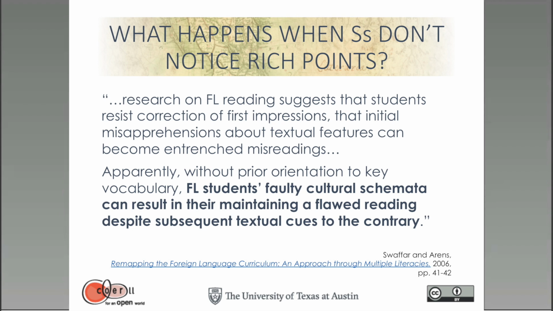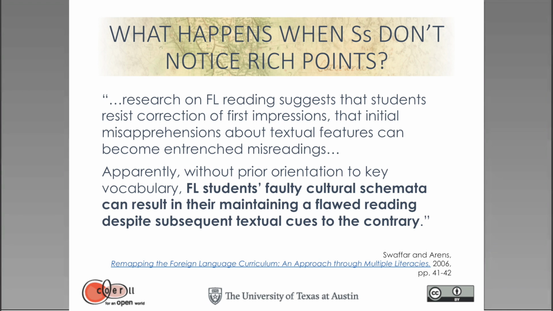They say that research on foreign language reading suggests that students resist correction of first impressions, that initial misapprehensions about textual features can become entrenched misreadings. Their sense is that, apparently without prior orientation to key vocabulary, foreign language students' faulty cultural schemata can result in their maintaining a flawed reading despite subsequent textual clues to the contrary.